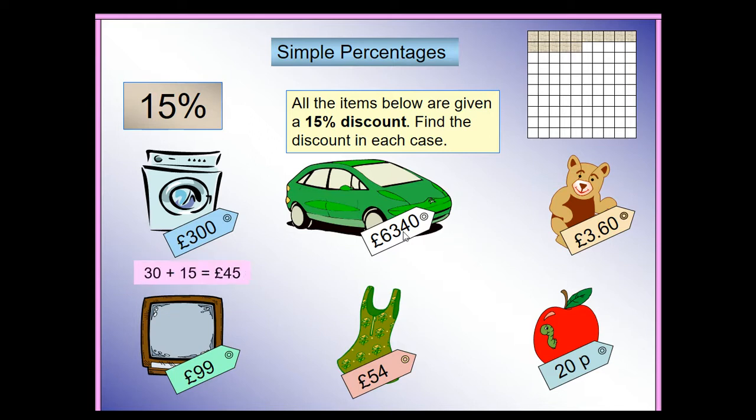45. 10% is 634. Half is 317. Collect together. So you might want to do a sum there. Divide by 10 is 36 pence, and then half of that is 18 pence, and collect together. Divide by 10, £9.90. What's half of that?